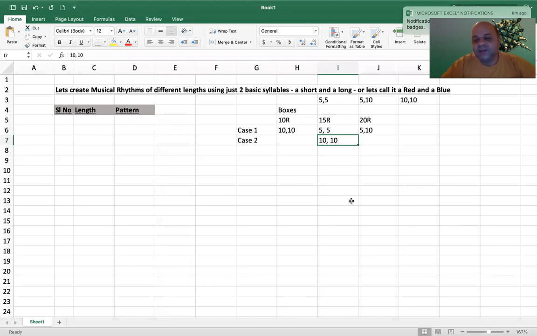Now what about the 10R box? Can it contain 5 5? No, because the label is wrong. That means the only other possibility is that it has 5 and 10, and the box labeled 20R has 5 and 5, right? So just by taking one coin from the right box, you can figure out everything.